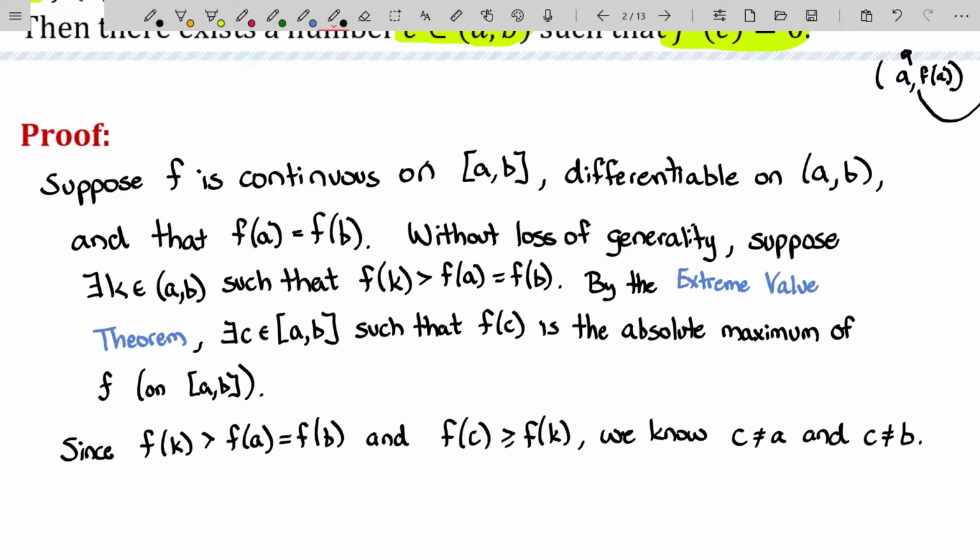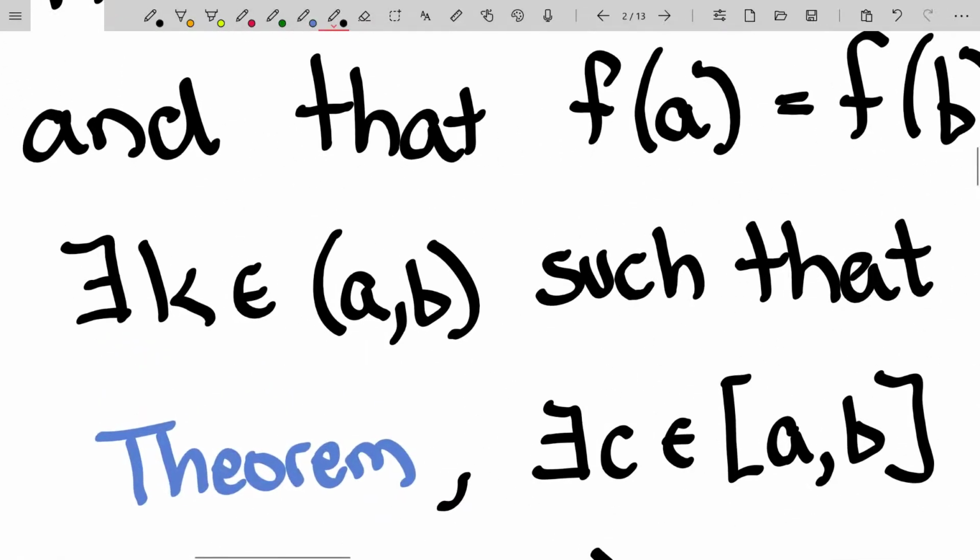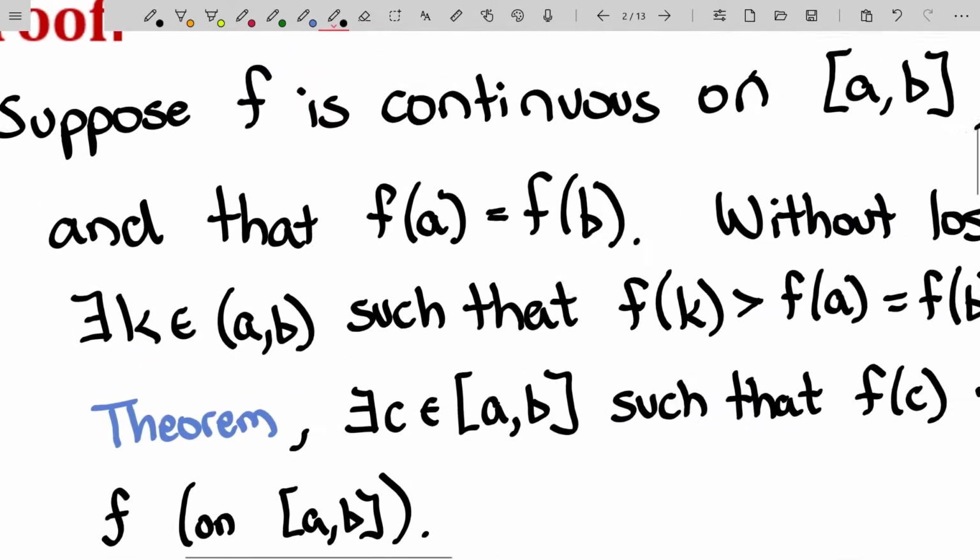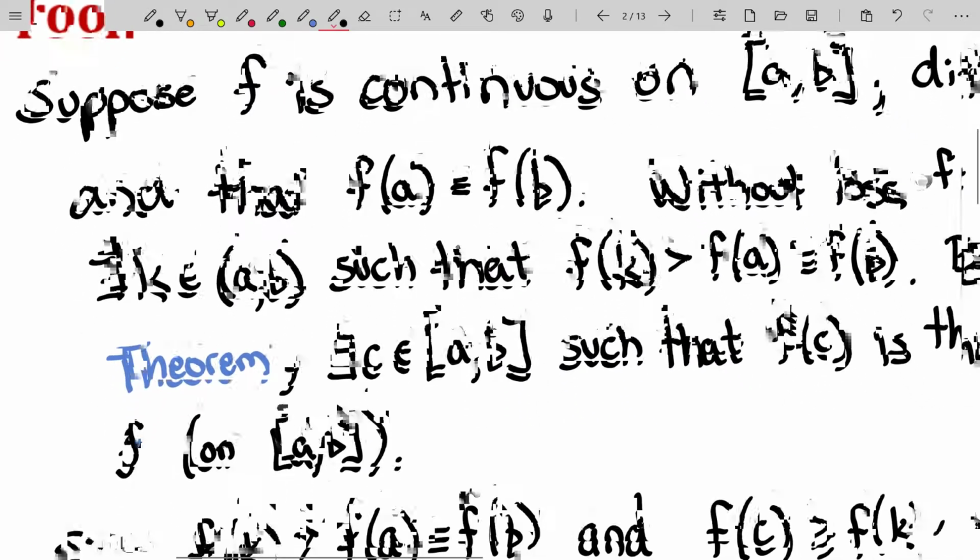All right. So now I'm going to deal with the fact that I know that point is not an endpoint. So how do I know that? Well, remember, f of k is just, we have some number k in between a and b, such that f of k is above f of a and f of b.